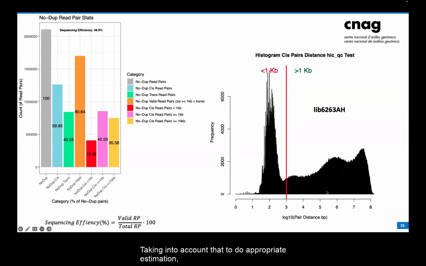Take into account that to do a proper estimation, you need a highly contiguous reference. It will be slightly constrained by the contiguity of the reference. But even so, if you see an excess of this kind of reads, it's bad.